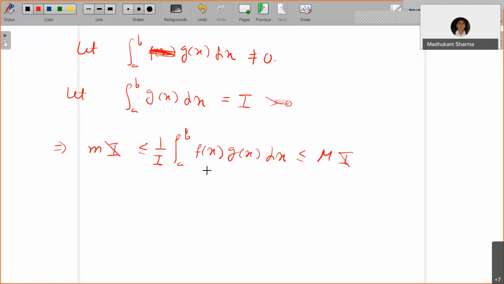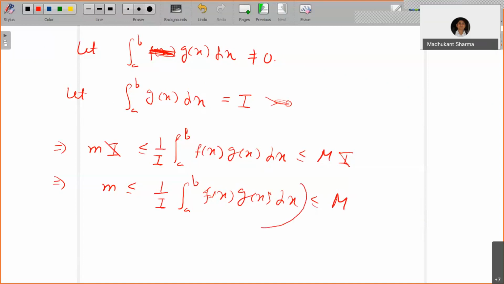Now this will be small m less than or equal to 1 by I times the integration from a to b of f of x times g of x dx, less than or equal to capital M. Now, since f is a continuous function, the intermediate value theorem tells you that f assumes this value at some point c in (a, b).